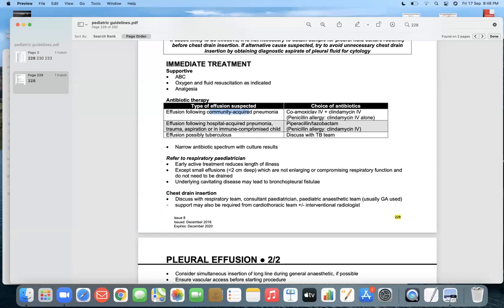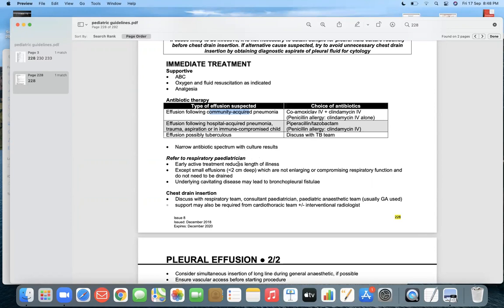Effusion following hospital acquired pneumonia, trauma, aspiration, or in an immunocompromised child: piperacillin and tazobactam, and if allergy, clindamycin. Effusion possibly tuberculosis: discuss with TB team. Narrow the antibiotic spectrum with culture results.